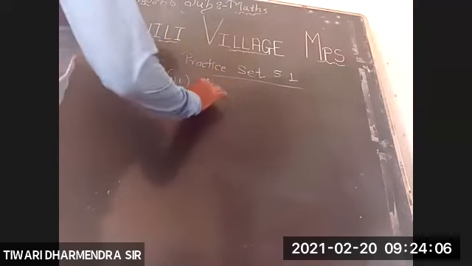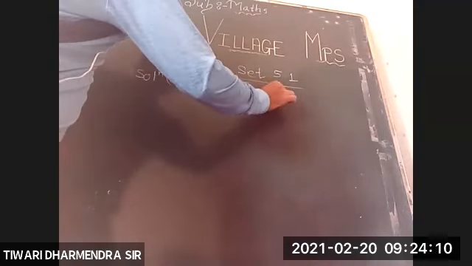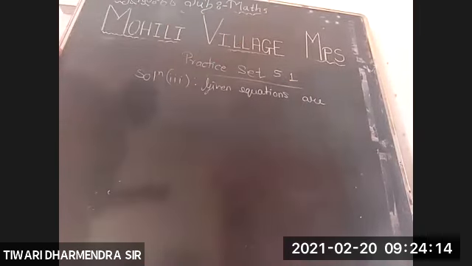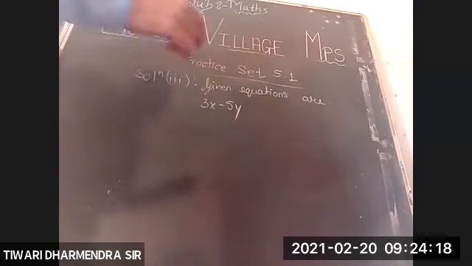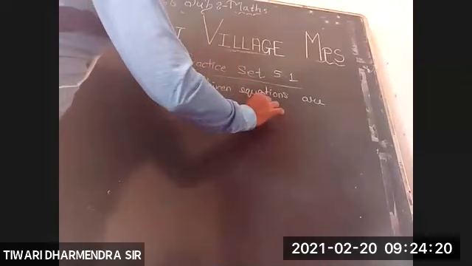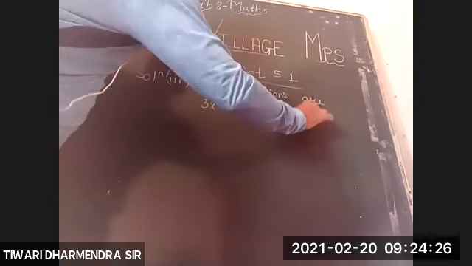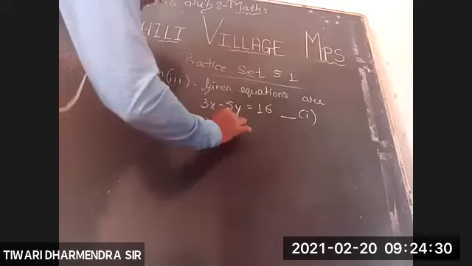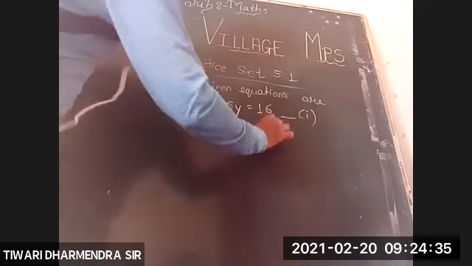Given equations are 3x minus 5y is equal to 16. Equation number 1. x minus 3y is equal to 8.